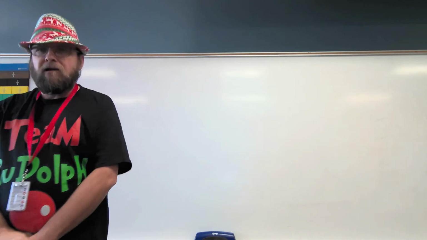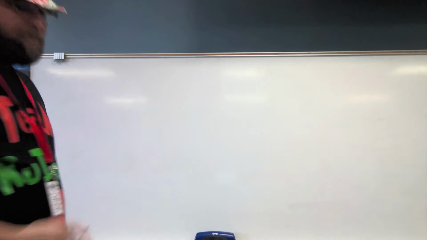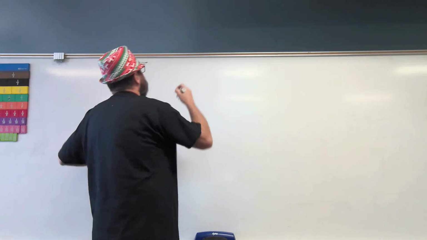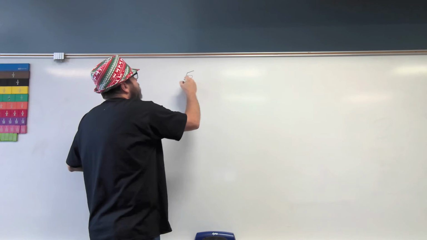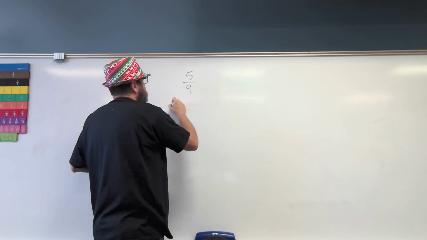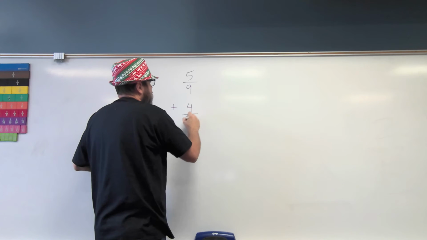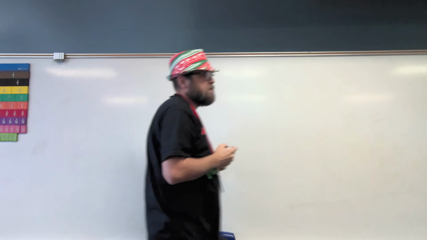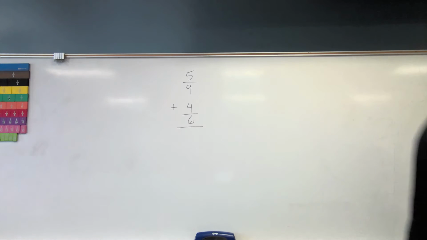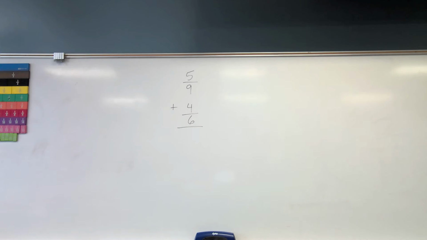Let's look at another one. 5/9 plus 4/6. Notice again, I am writing them vertically because it makes it way easier for me to find the common denominators as I'm going through it.